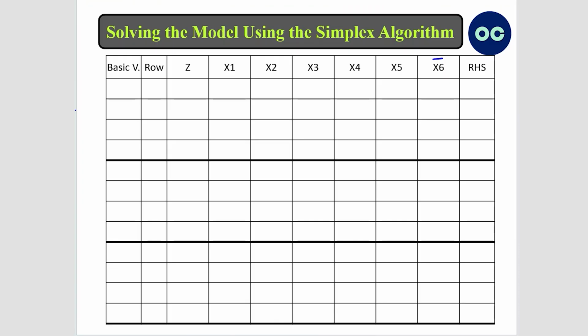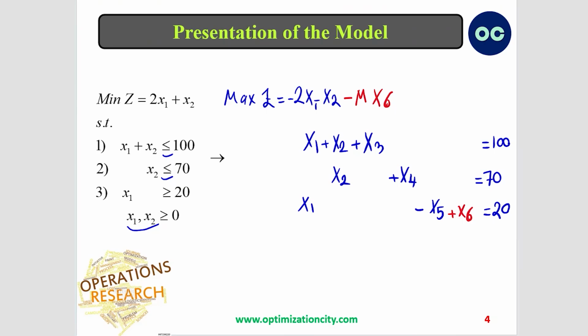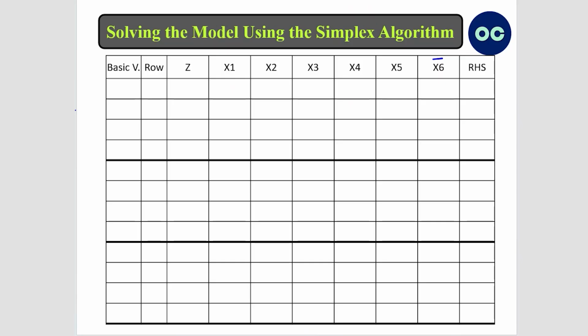We write the objective function here: z plus 2x1 plus x2 plus Mx6 is equal to 0. This is the objective function, placed in row 0.